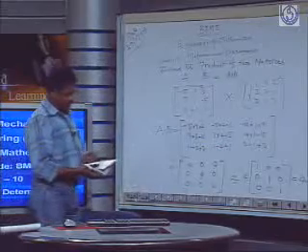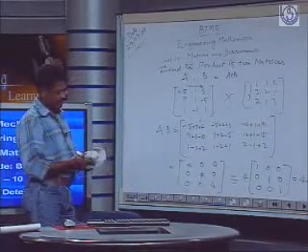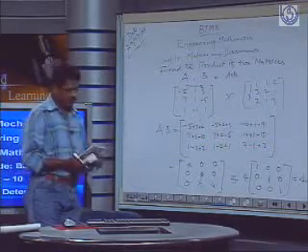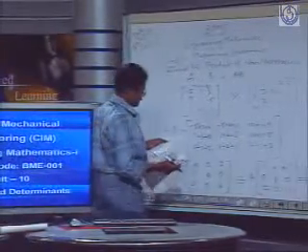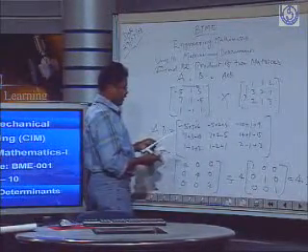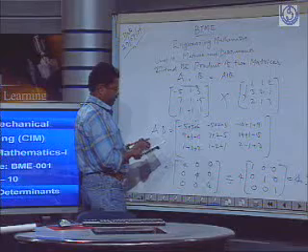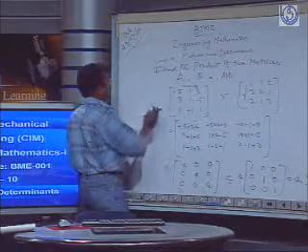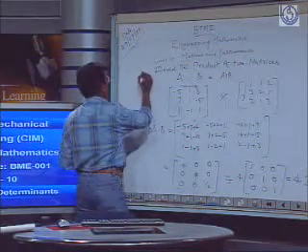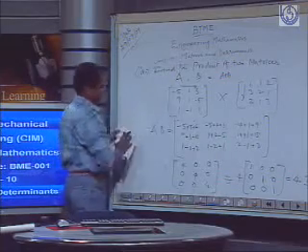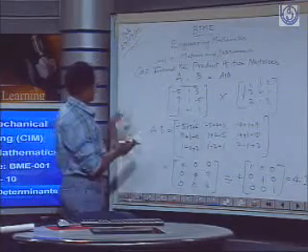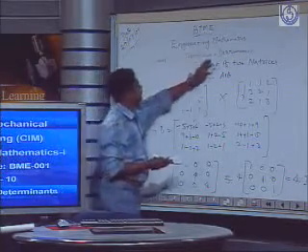This is the first problem, and then we go for the second problem. If A be the matrix, find the value of A into adjoint A. So this is the first question, A, and then we'll go for the second question.